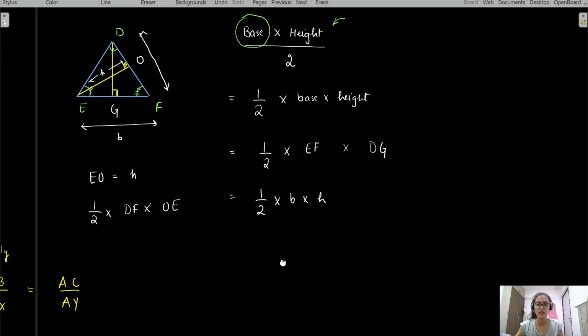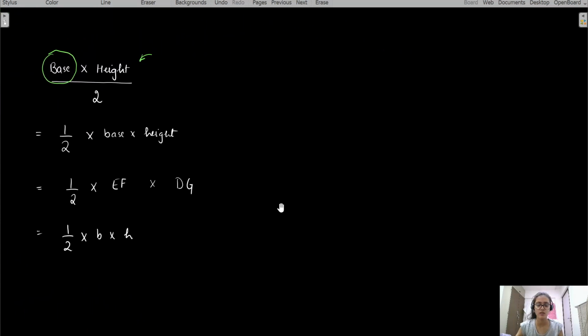There is one more thing that I need to tell you about area of an equilateral triangle. An equilateral triangle is the one in which all three sides are congruent. Let's say each side has length A units.